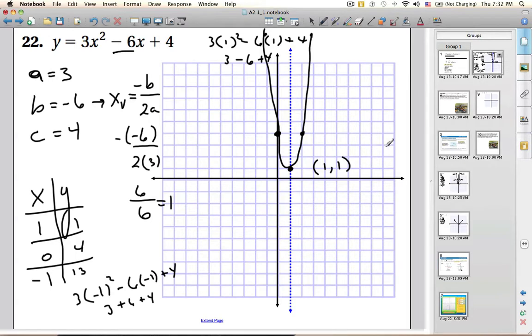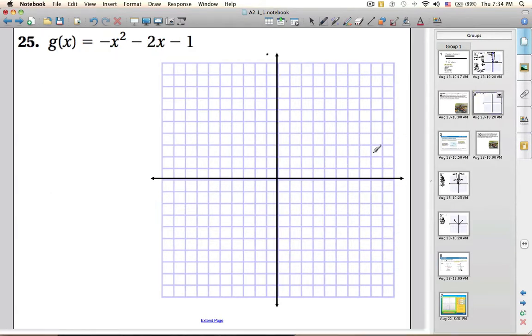Let's do another example here. So let's start off by identifying our coefficients. So A in this case is -1, B is equal to -2, and C is equal to -1. Remember, C is always my y-intercept, so I can go ahead and put that right in.